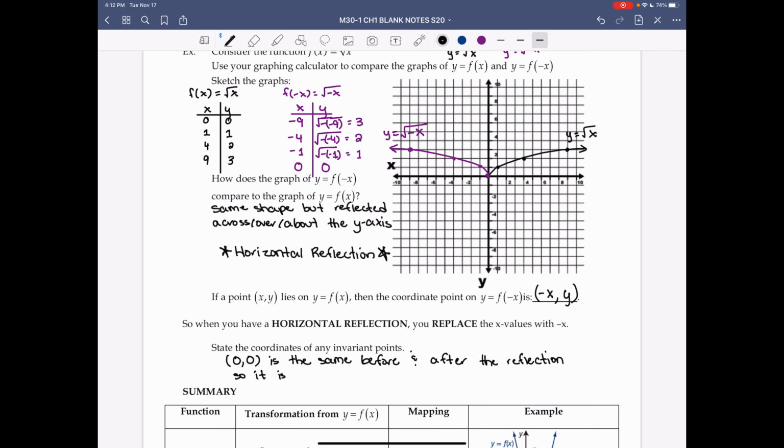So it is an invariant point. And the reason it's an invariant point is because it lies on the line of reflection.